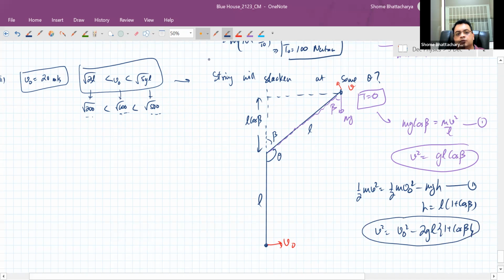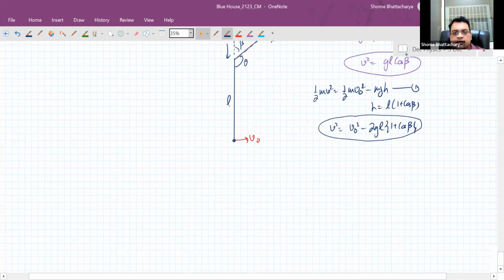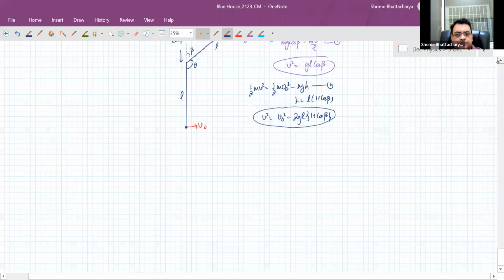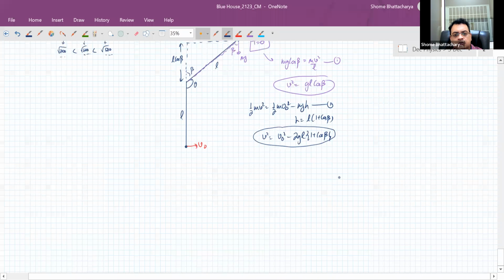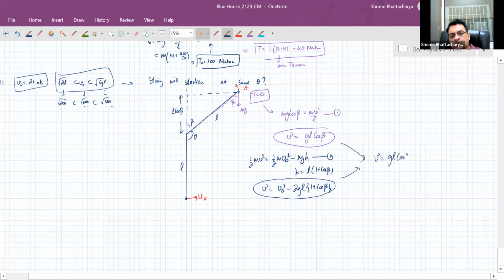Now we'll compare these two, and we will get the exact value of beta, and that will indirectly give us theta. Comparing these two, v square, which is gl cos beta, is equal to v naught square minus 2gl into 1 plus cos beta.